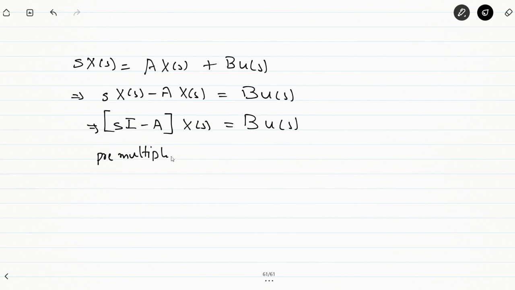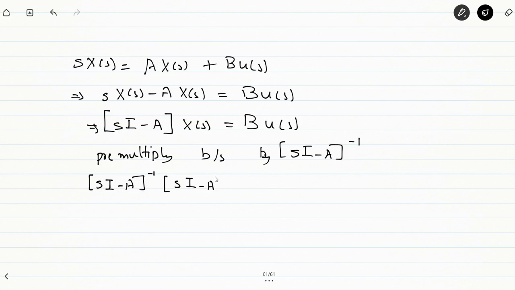What we are going to do is pre-multiply both sides by (sI minus A) inverse. So (sI minus A) inverse into (sI minus A), times X(s), is equal to (sI minus A) inverse B U(s).